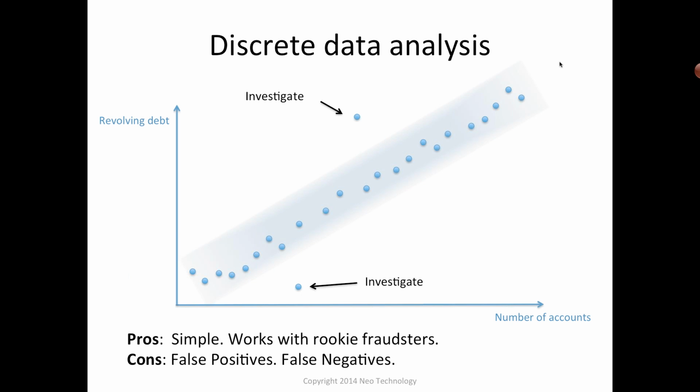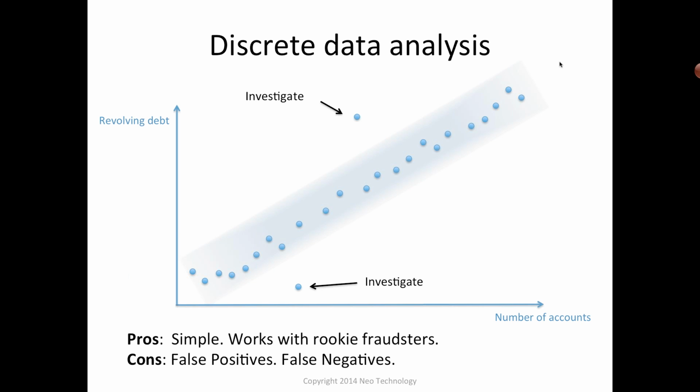And maybe some people have a lower number of accounts, but their revolving debt is very, very high, and that is also acceptable behavior. So the risk when you're using only discrete data analysis is to have false positives, false negatives, and to antagonize your truly legitimate users by having special investigating units go after them.